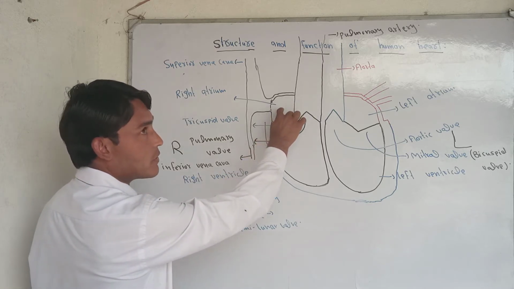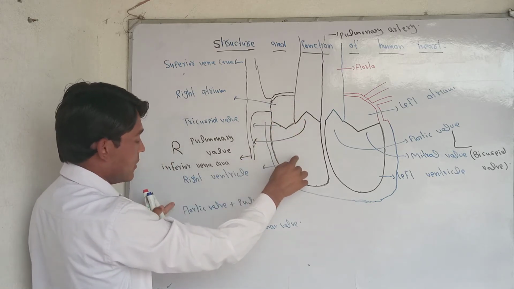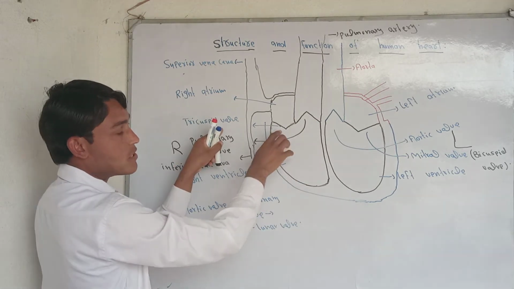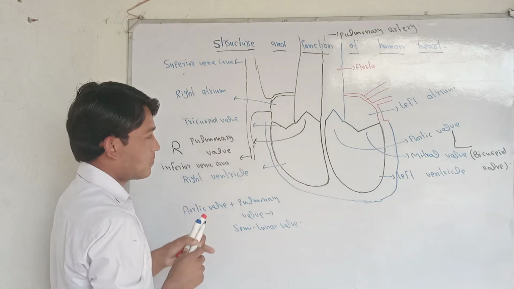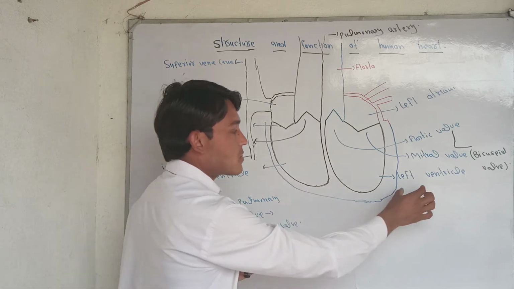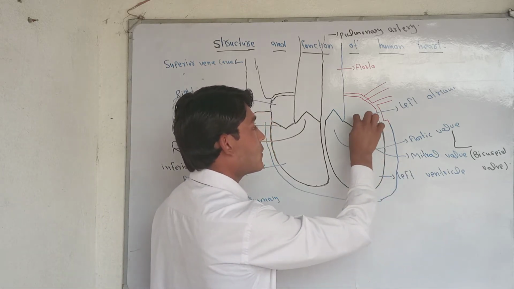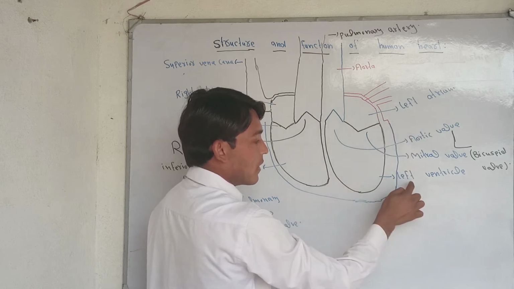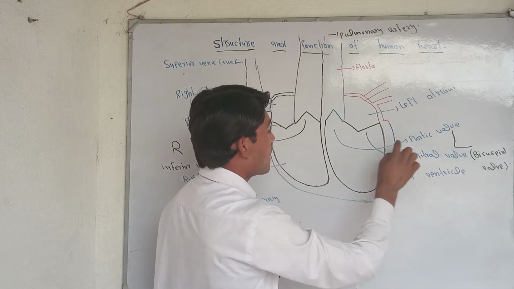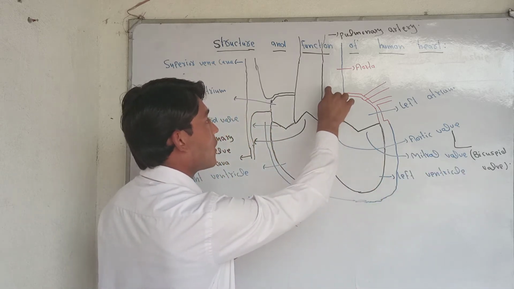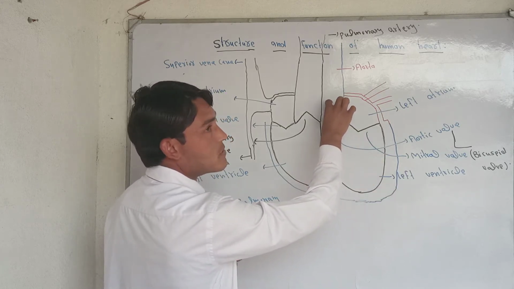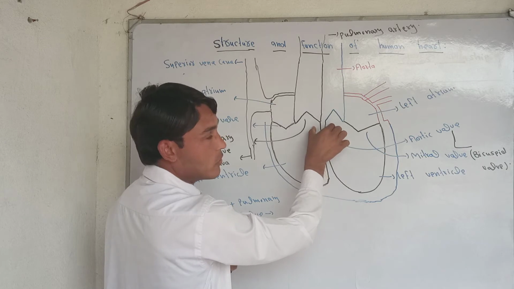The wall between the right atrium and right ventricle is called the tricuspid wall, which has three flaps. The wall between the left atrium and left ventricle is called the mitral wall, which is also called the bicuspid wall, and the wall between the aorta and left ventricle is called the aortic wall, and sometimes we also call them semilunar walls.